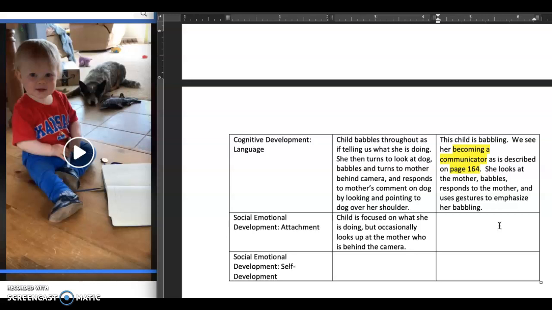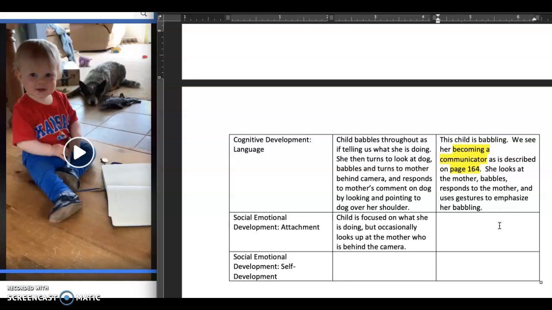So the connection, again, look at the language underneath that, and it turns me to page 164. So I flip to 164, and I'm looking at my headings: cooing and babbling, becoming a communicator, first words. Well, these aren't first words. So I start looking at this and I'm like, yes, the child is babbling.